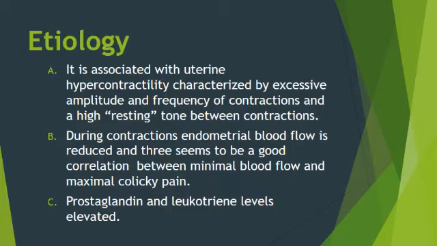In between the 8 figures, there are blood vessels supplying the myometrium and the endometrium. So during the contraction, there is a spasm over the blood vessels supplying the endometrium. So there is a good correlation between minimal blood flow and the maximal colicky pain, and the prostaglandin and leukotriene levels are elevated.